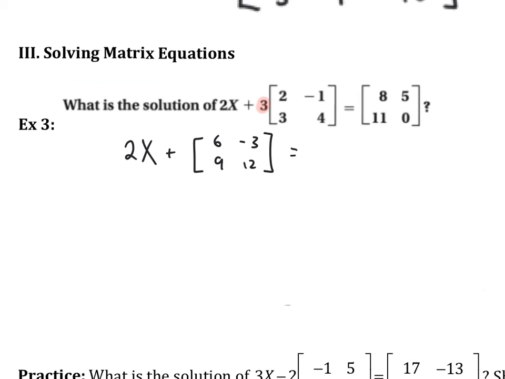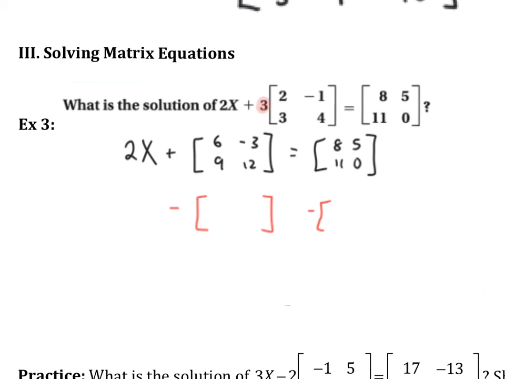And all that equals the 8, 5, 11, and 0. Okay. Now, I need to subtract this matrix right here from both sides. So whatever I do to one side, I need to do to the other. Now, I do want to show you that we're not really writing it under. Technically, we're writing it to the left here, or to the right here, and also to the right there.